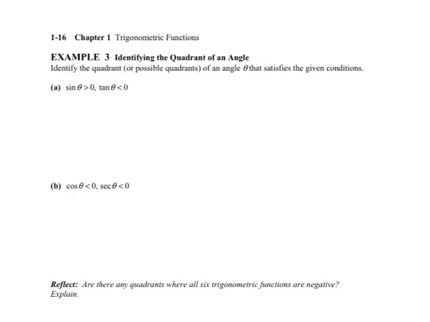Our next page here, example 3, says identifying the quadrant of an angle. It says sine of theta is greater than 0 and tangent of theta is less than 0. So what we're doing is looking for sine to be positive and tangent to be negative.